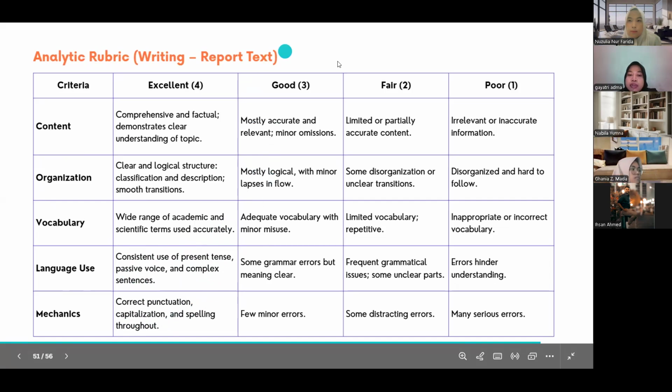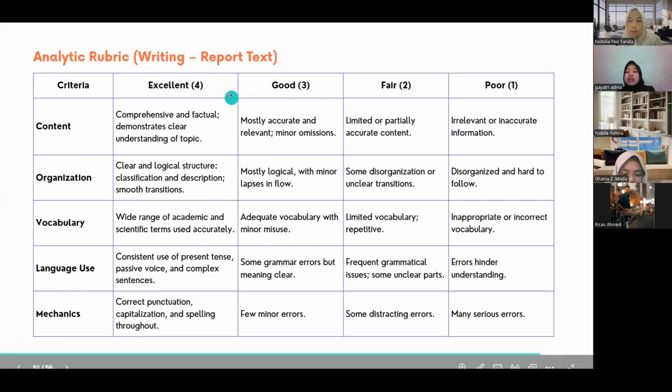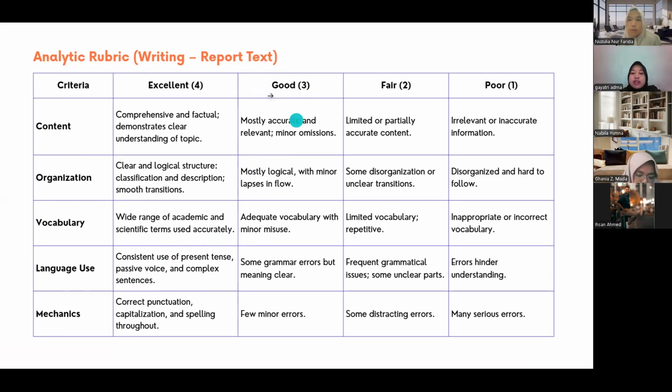And then for the next criteria, if the students are at a good level, it means that students write mostly accurate and relevant content, but still have minor omissions. They mostly use a logical structure, but there are still some minor lapses in the flow.